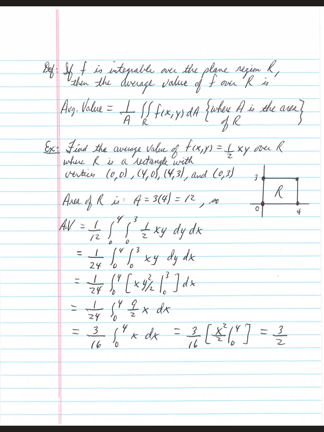And then now we can have 3/16 times x squared over 2, evaluated at 4 and 0. The 0, again, causes a 0, so no worries. Plug a 4 in, that's 16 over 2, which is 8. 3/16 times 8 is 3/2, and that is the average value of this function over this region.